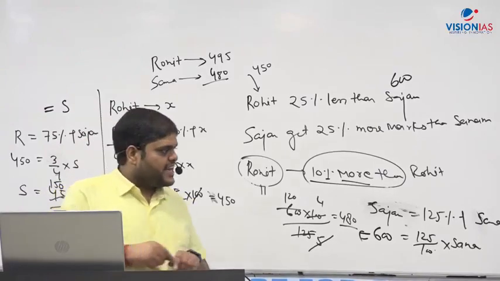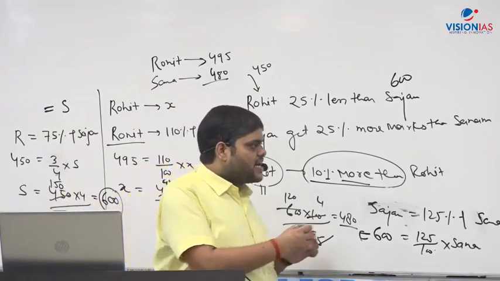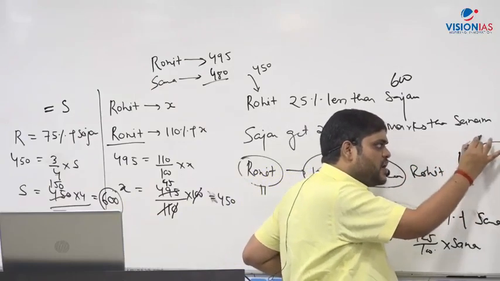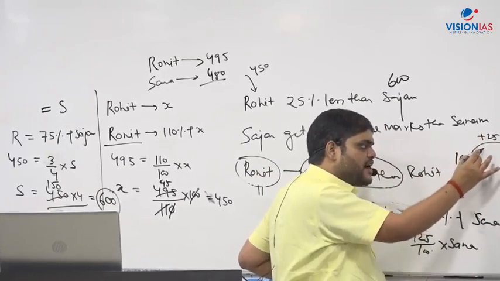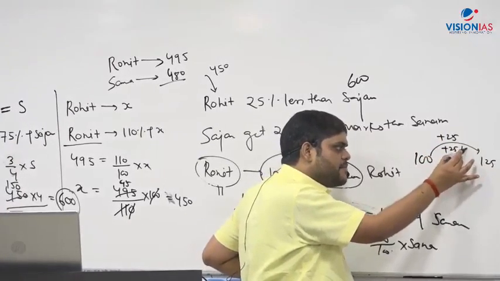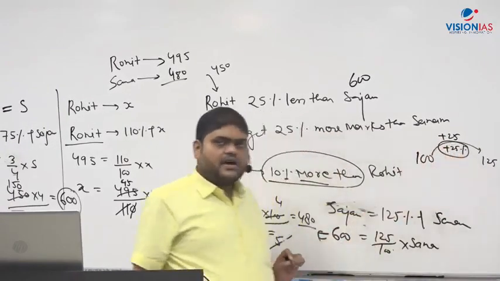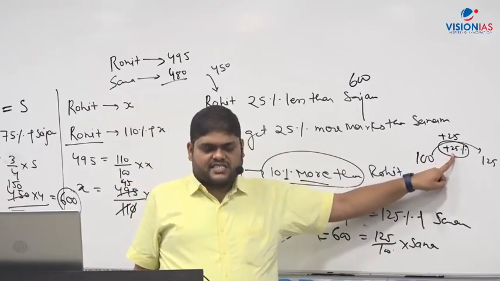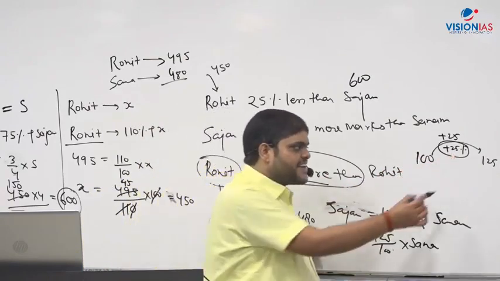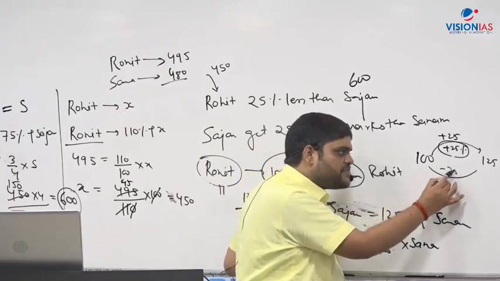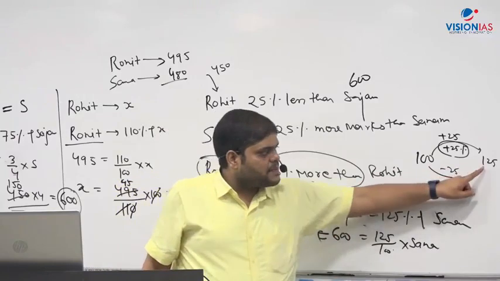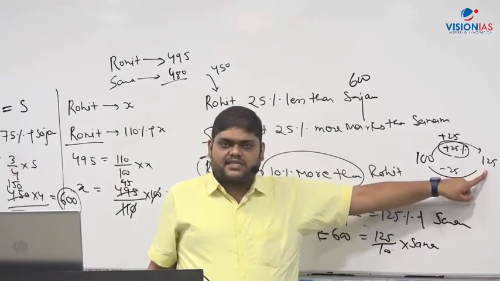And what was the case? If something was 100, it becomes 125. So the increment is 25, which is an increment of 25%. Now the decrement is also 25, but when we find the percent it will be less. Why will the percent be less?